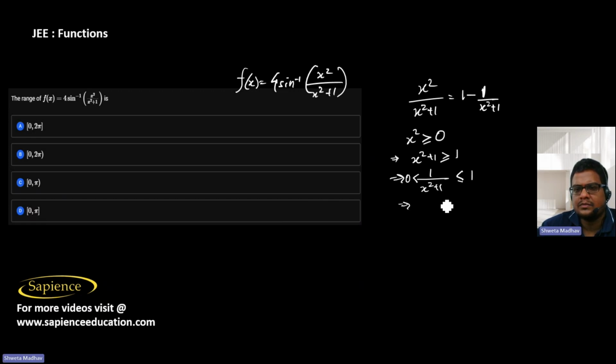So therefore 1 minus 1 by x square plus 1 will go from, okay, minus of this will go from minus 1 to 0. So this will go from 0 to 1.